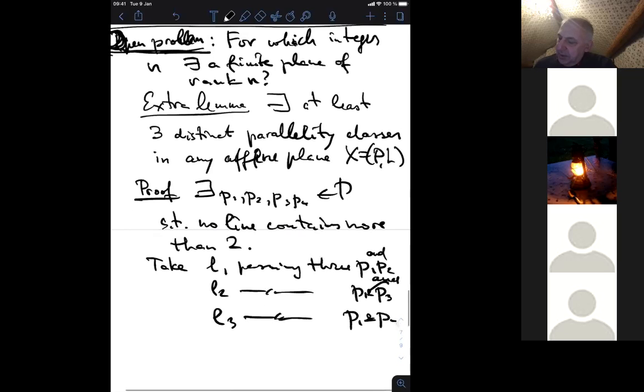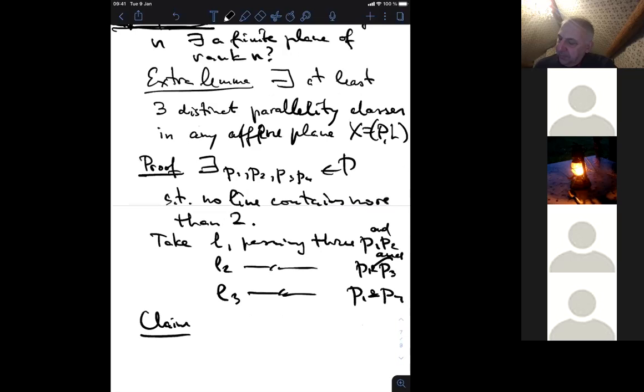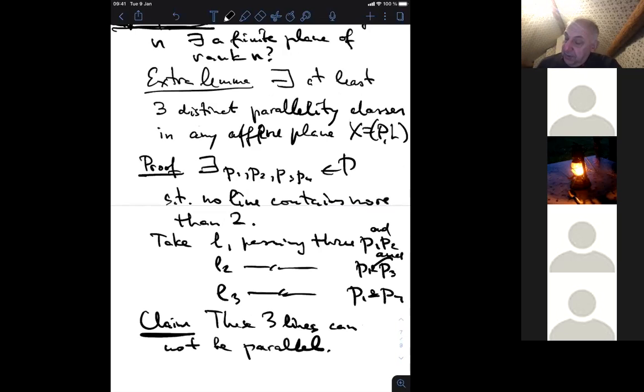And the claim is, these 3 lines cannot be parallel. It's not very complicated to show, in fact, and I'll jump over it. If we're looking at these 3 lines, they should lie in separate parallelity classes always.